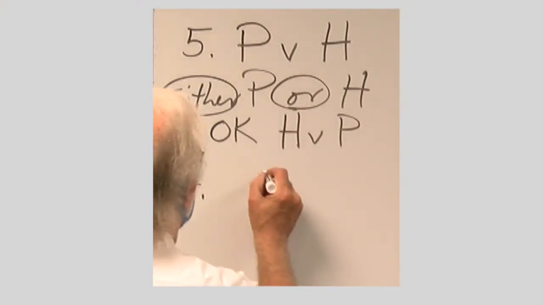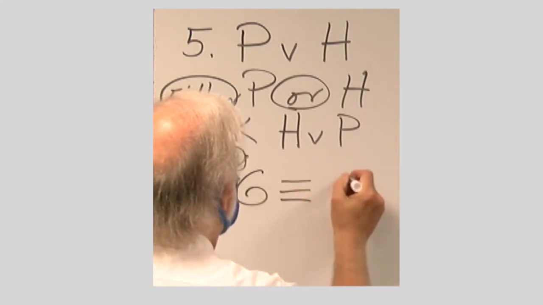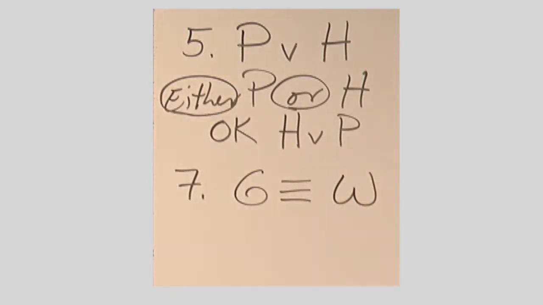Right, it would be G triple bar W. The defendant should be found guilty if and only if he can be connected to the murder weapon.